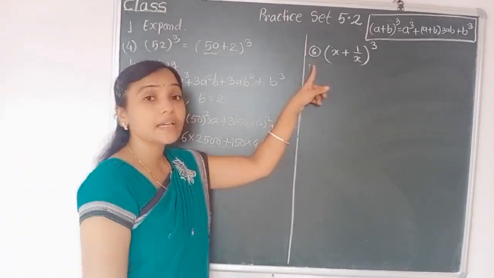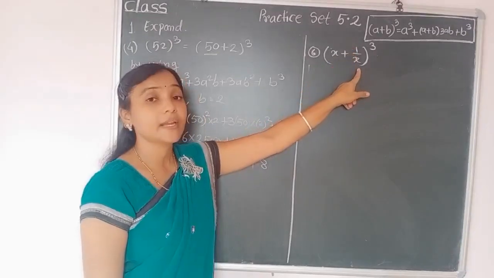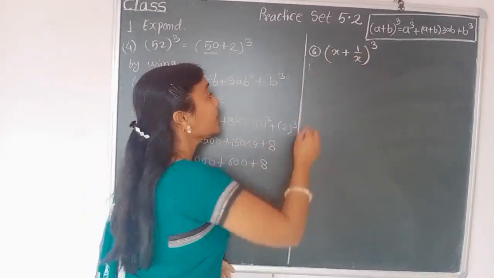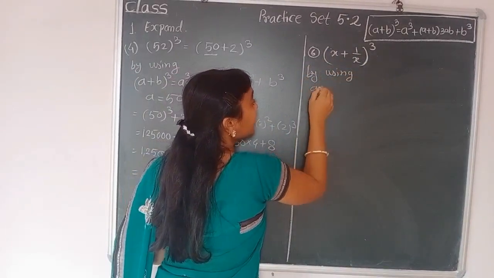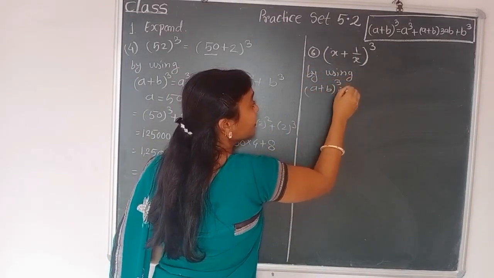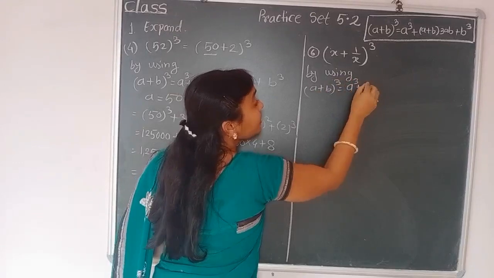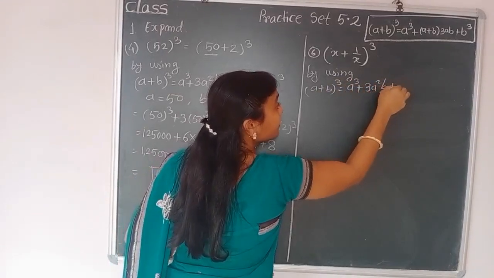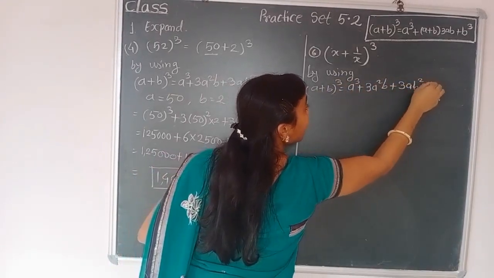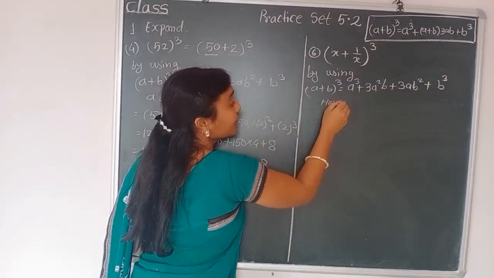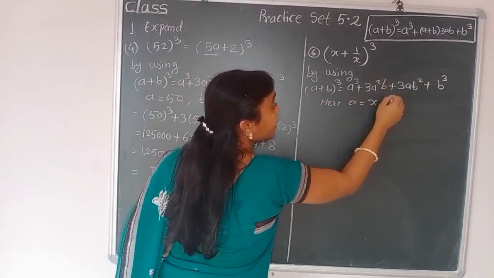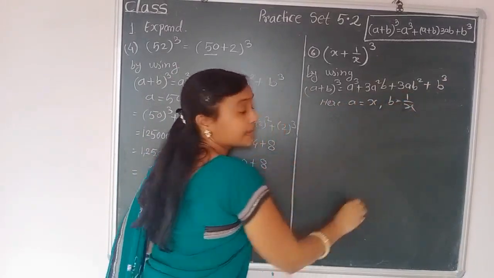Now we see the next example, (x plus 1 by x) bracket cube. Again by using (a plus b) bracket cube, a cube plus 3 a square b plus 3 ab square plus b cube. Here a is x and b is 1 by x.